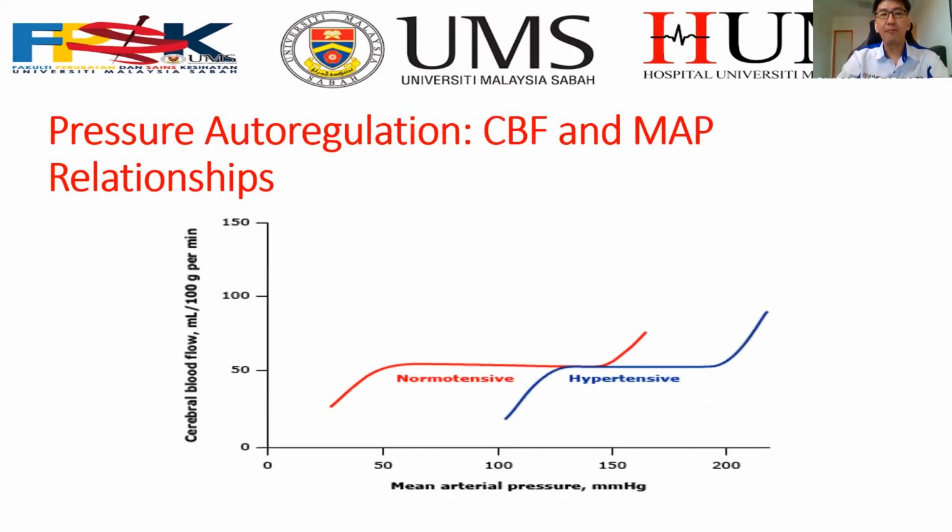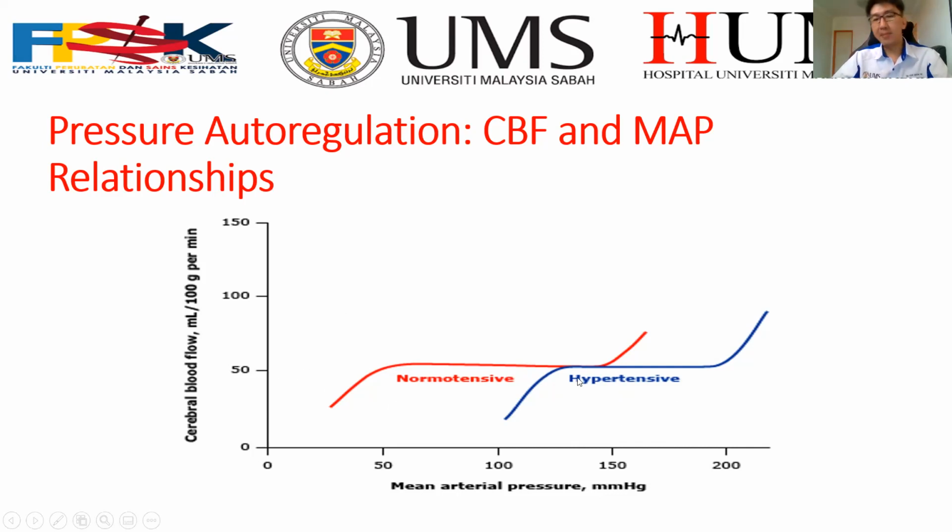This is another chart, a pressure autoregulation chart, which shows the relationship between cerebral blood flow and mean arterial pressure. As you can see here, in normotensive adults, we are tightly regulated at 50 to 150 millimeters of mercury of mean arterial pressure, whereby the cerebral blood flow sustains fixed or constant at 50 mL per minute.